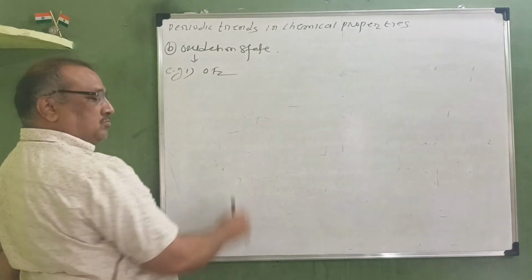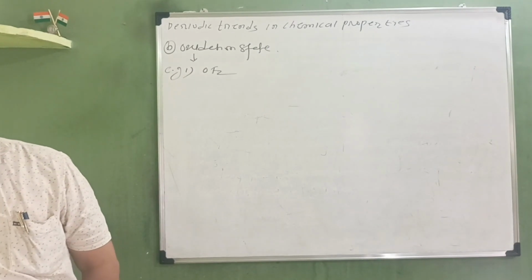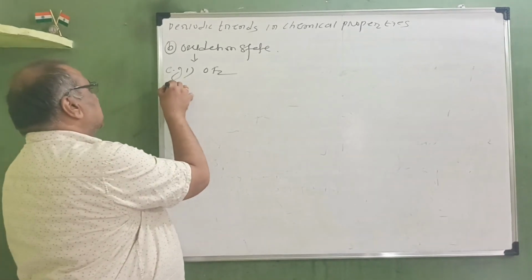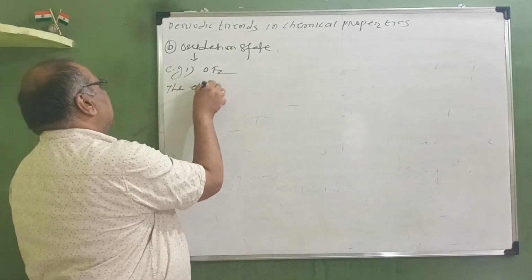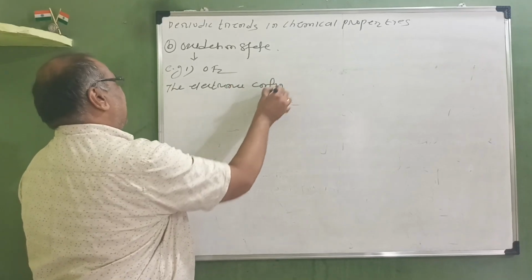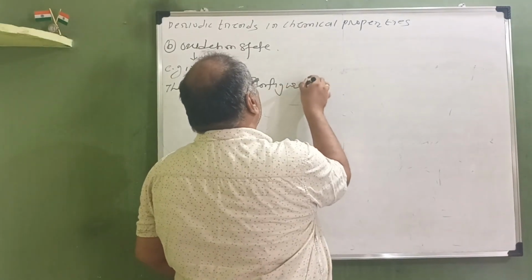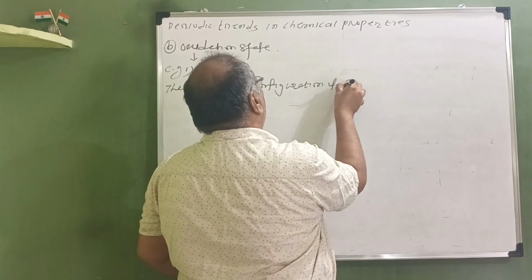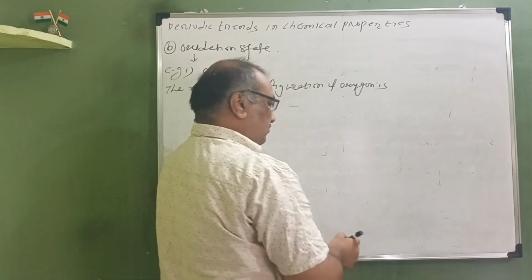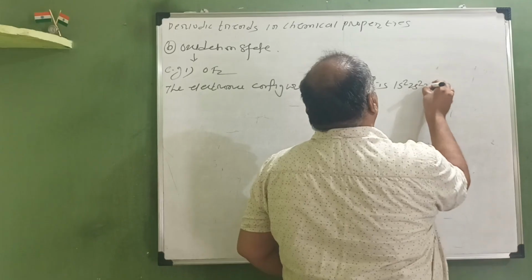OF2, oxygen difluoride. Now here the electronic configuration of oxygen is 1s2, 2s2, 2p4.